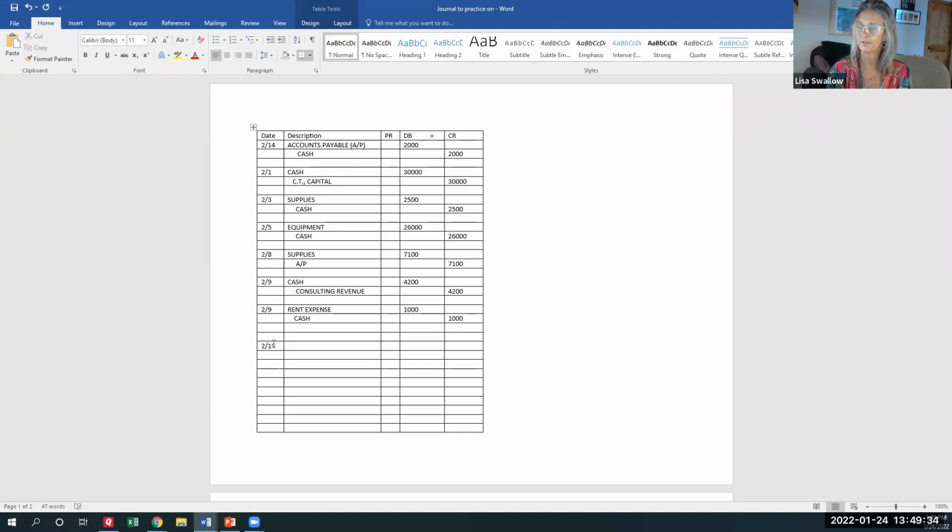So turn it off, make the journal entry. And again, for the first time, I'll write it all out, but from here on in, I'm just going to put AR, accounts receivable. I now have an asset of $1,900.